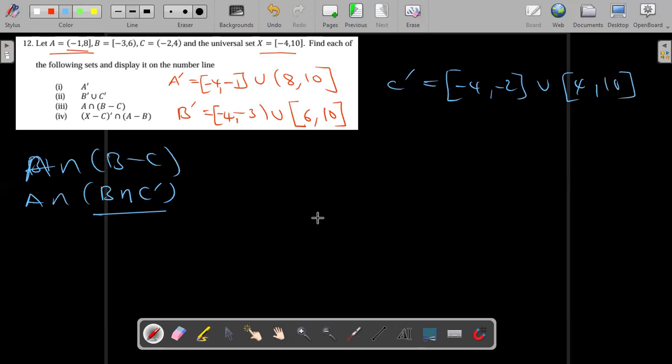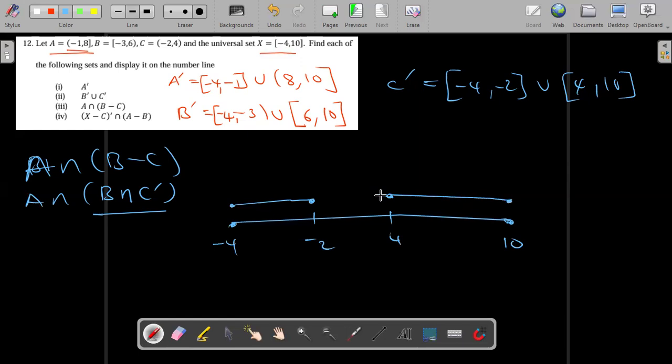I can then plot this from negative 4 towards 10 here. So if I plot here like that, there being negative 2, then you have, let's say, your 4 here, closed, and also there it's closed.